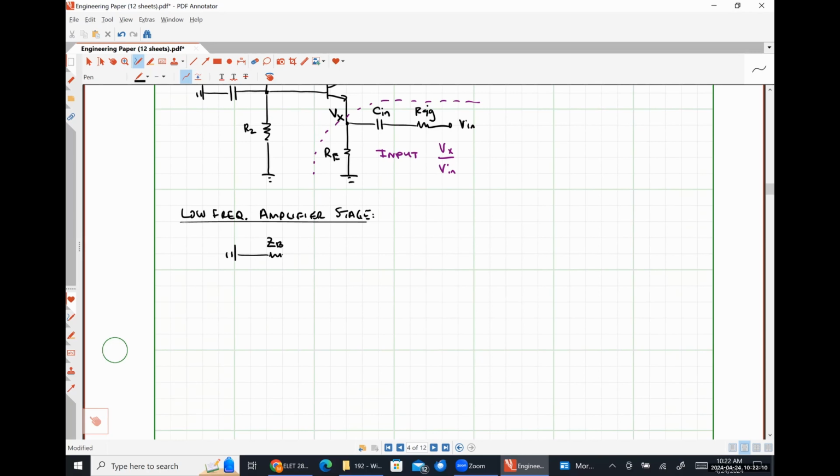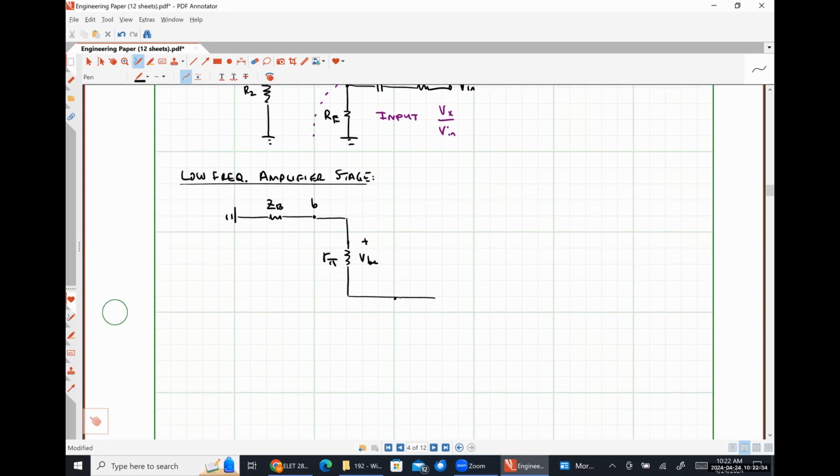So this is just everything that's connected between my base node and AC ground. Here's R pi and VBE. I'm going to effectively apply a voltage Vx directly at my emitter node. So it's serving as the input voltage for this stage.